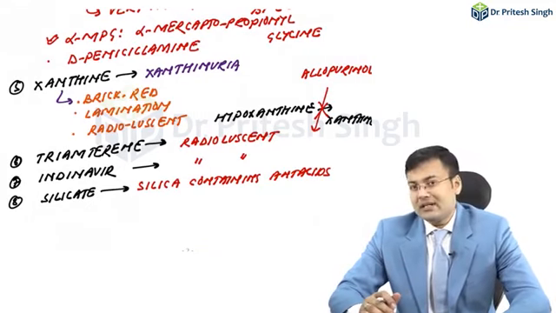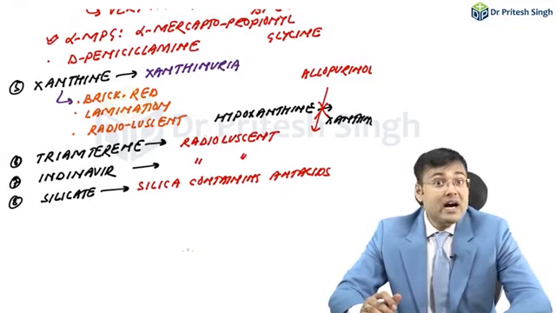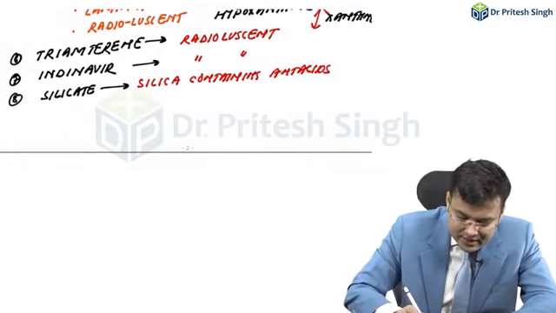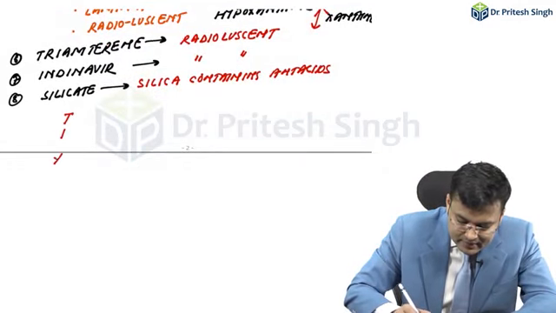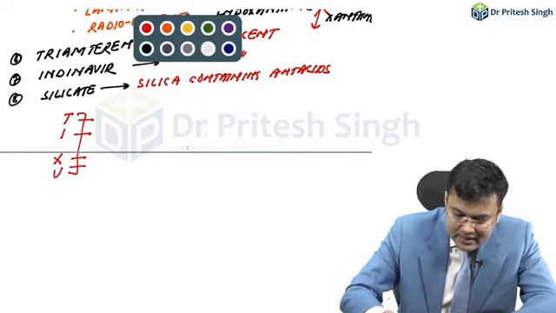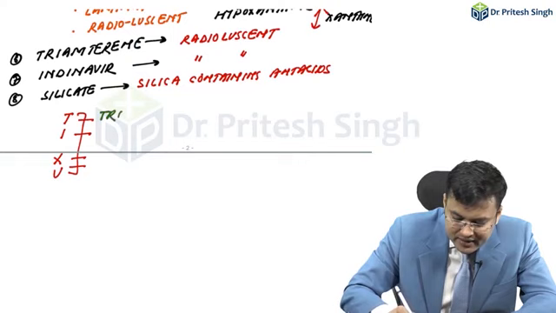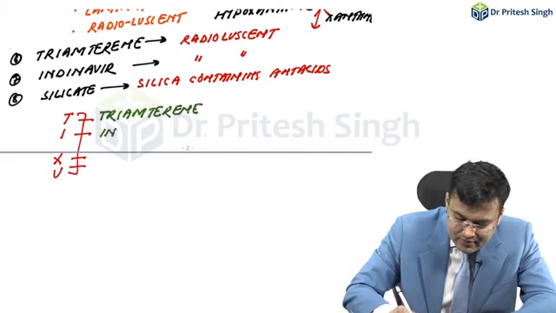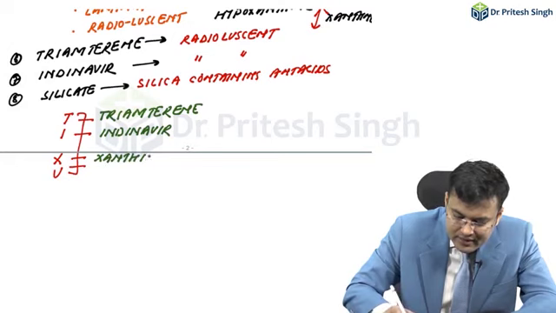After that, questions are asked, out of these stones which are radiolucent. So there is a mnemonic. Mnemonic is TIXU. T means triamterene, I means indinavir, X means xanthine and U means uric acid.